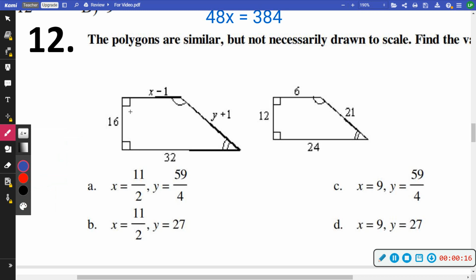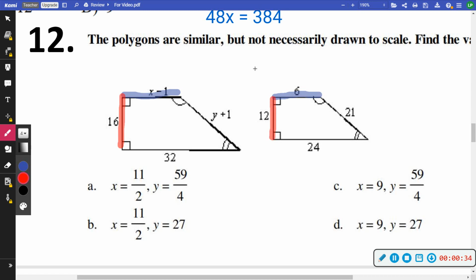So what I'm going to do is put x minus 1 over 6, and I'm going to let that equal... I can't find x and y at the same time, so I'll do 16 over 12.